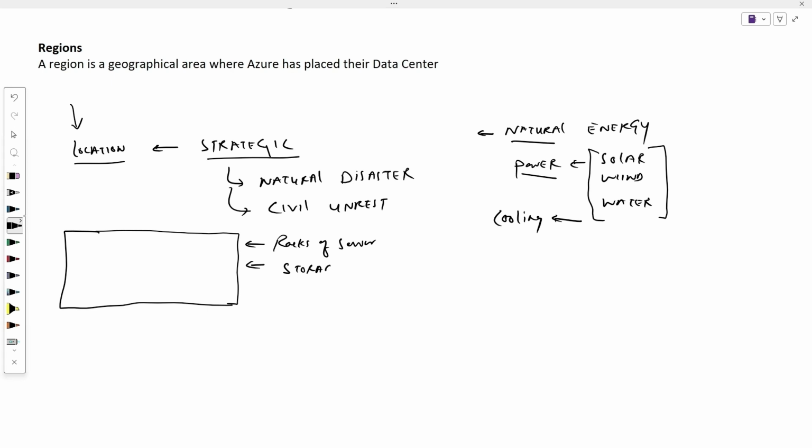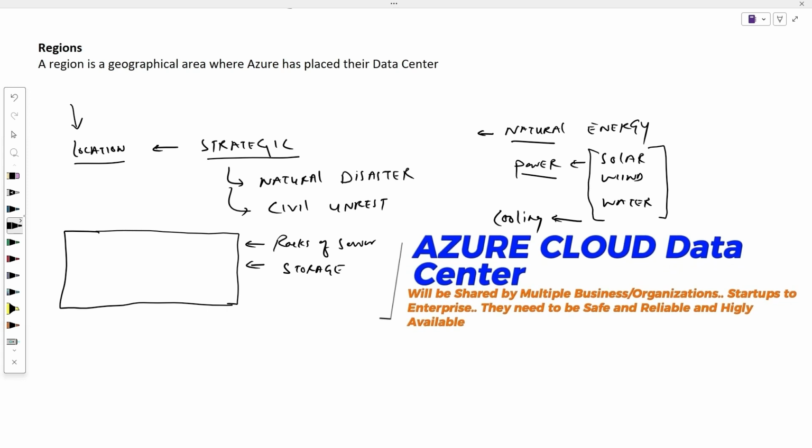Maybe it can be exabytes of storage. So all the resources in the data center will be shared among multiple customers.